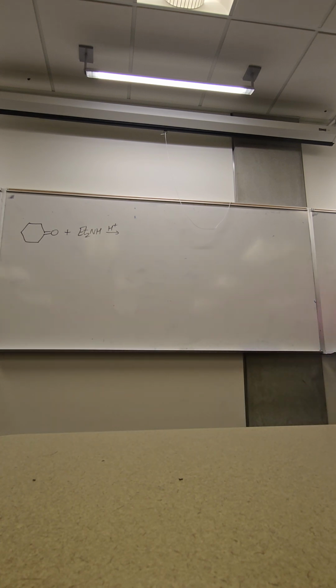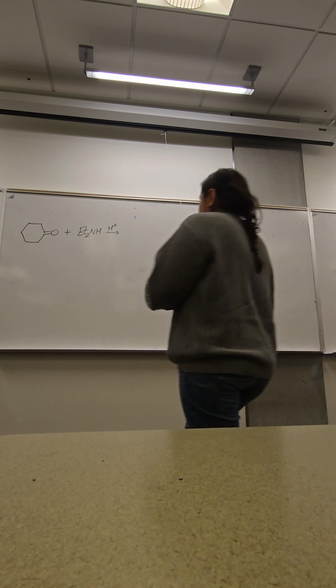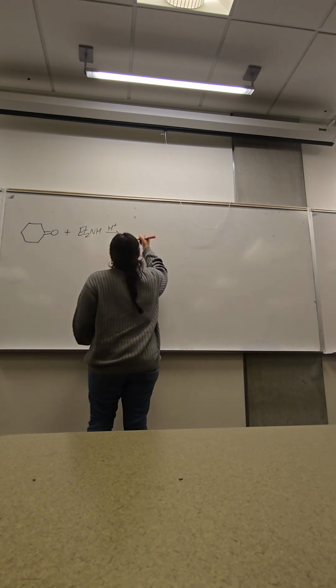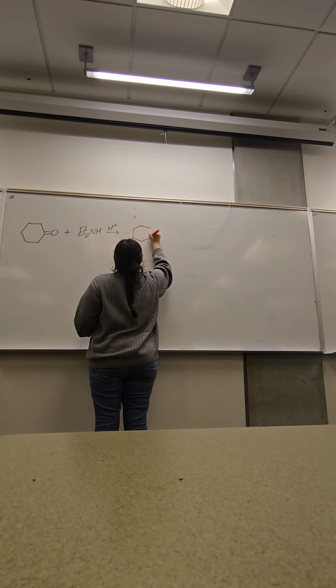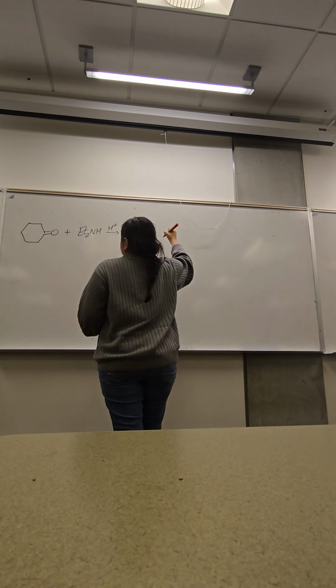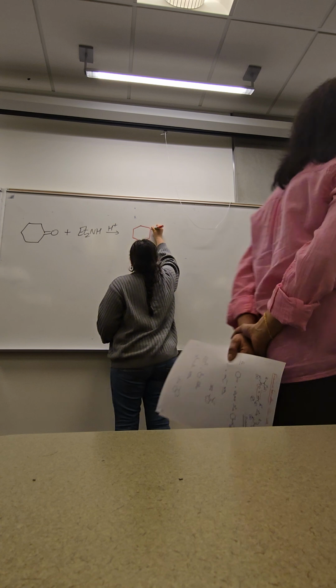Is it always just going to be with a secondary? This one is for secondary, yes. You're saying the alpha carbon becomes sp2, yes, to make a double bond.